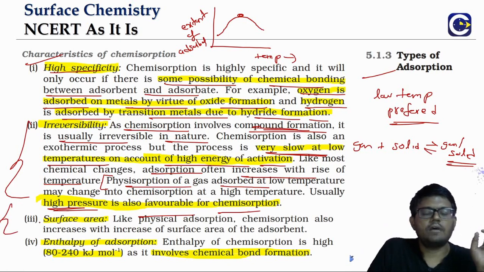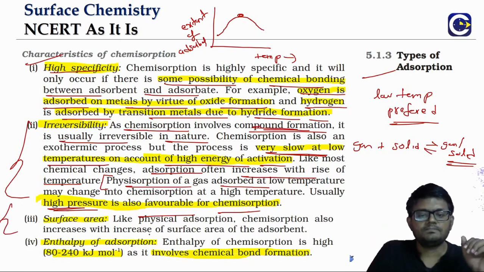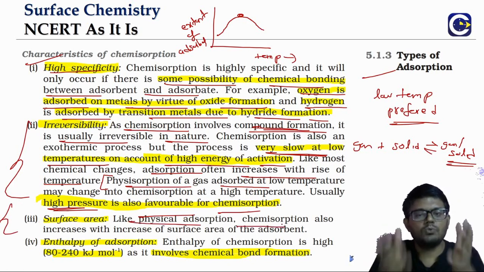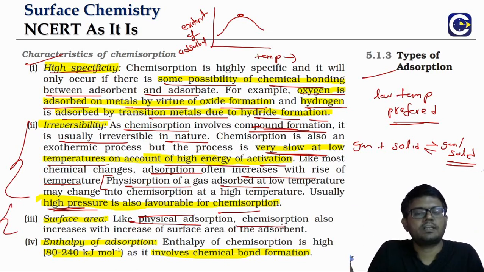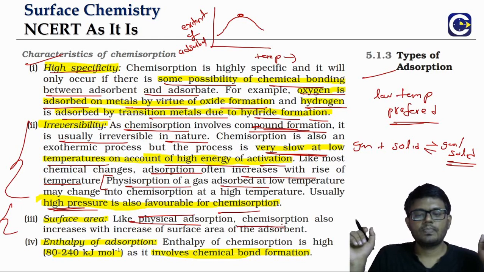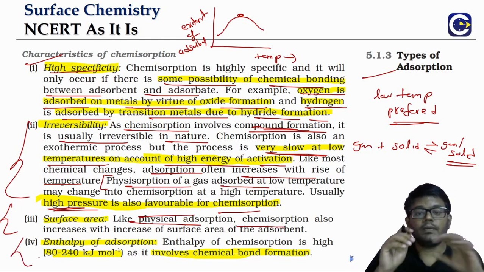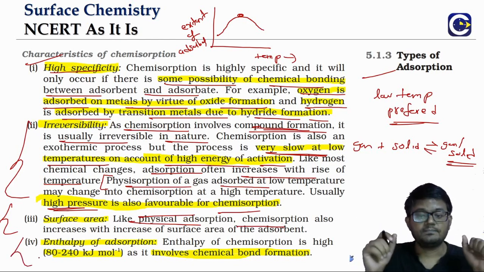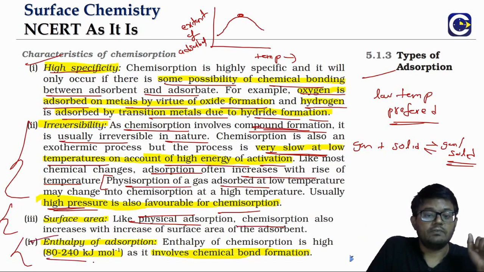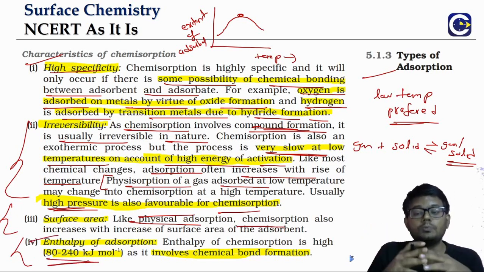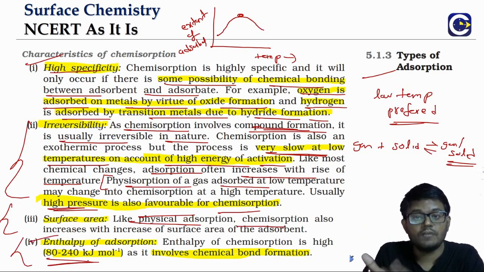Surface area also, we don't have much difference, because just like physical adsorption, more surface area means there is more possibility for the gas molecules to come and adsorb. Enthalpy of adsorption: remember in physical adsorption we said it is less. But here it will be comparatively high, 80 to 240 kilojoule per mole, because it actually involves the formation of a bond.